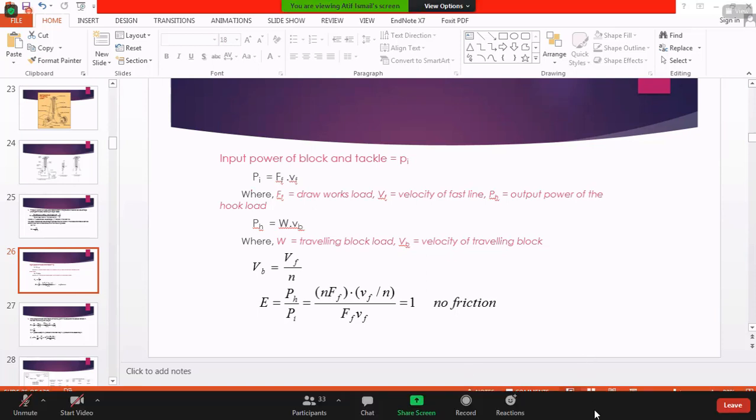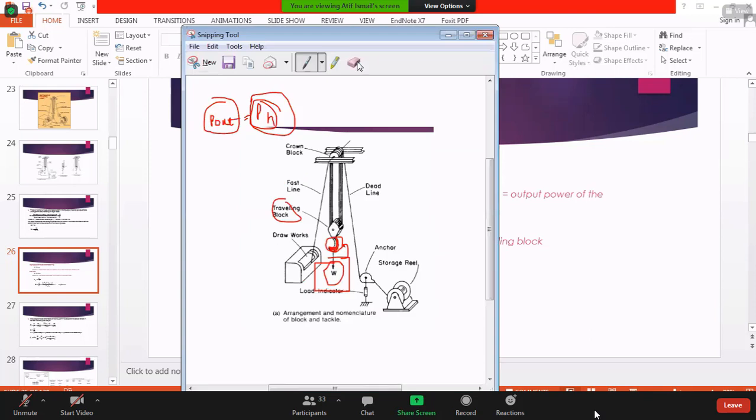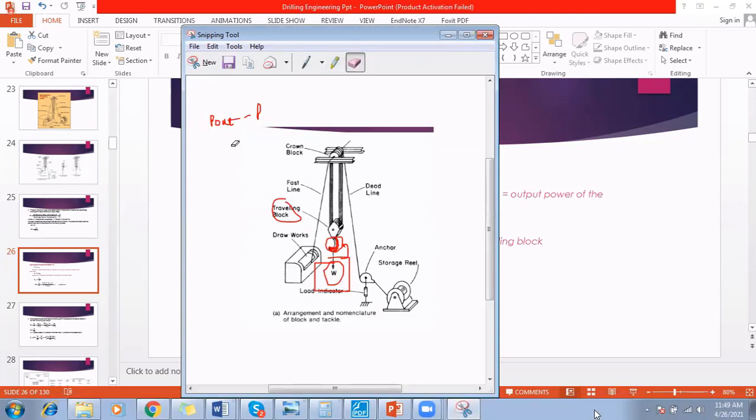VF is actually the velocity of the fast line. So let me explain this in a different way. If this is VF, these are the lines, these are the N, and here the velocity of that line will be VB, meaning the velocity of the traveling block.